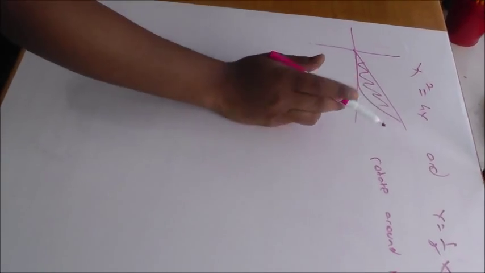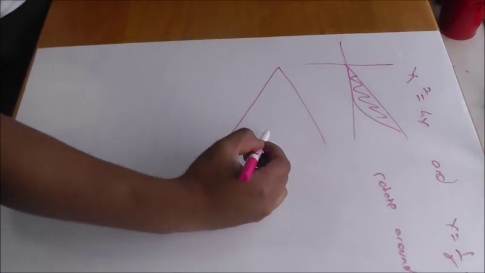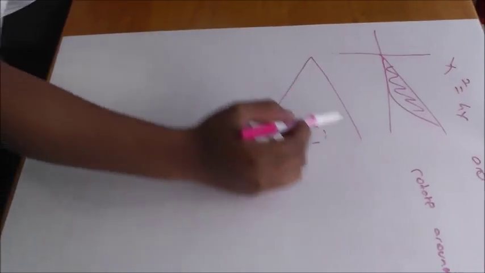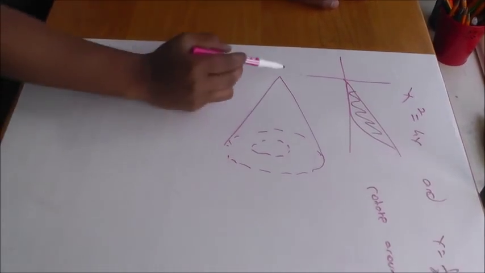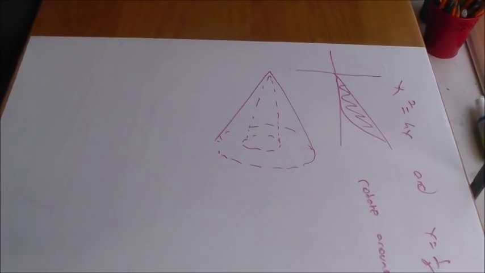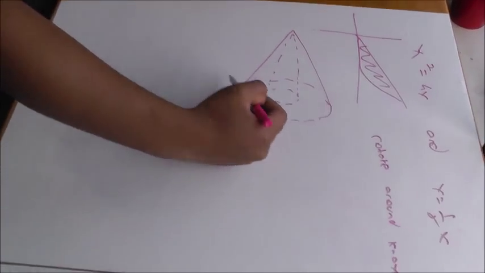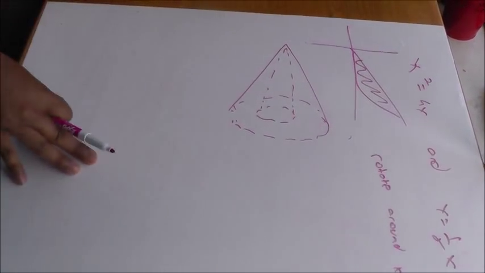When you rotate it, the region would come out to look something like that. It's going to be kind of a cone-shaped thing with an inner cone that's not filled out.